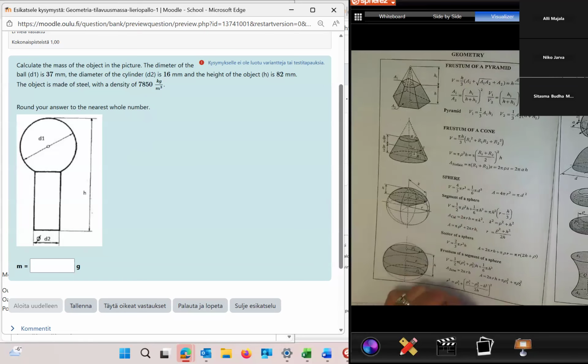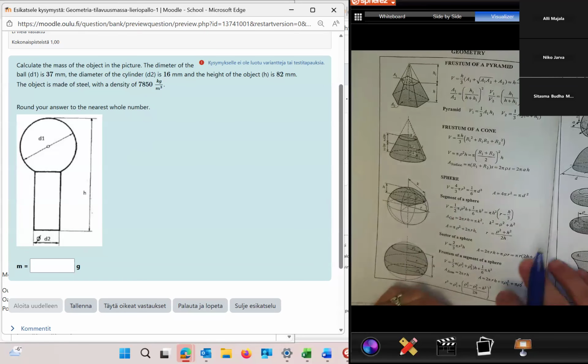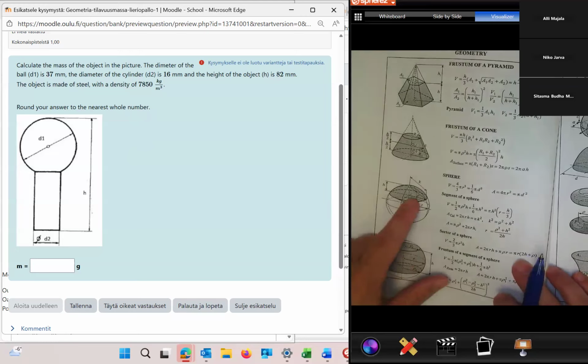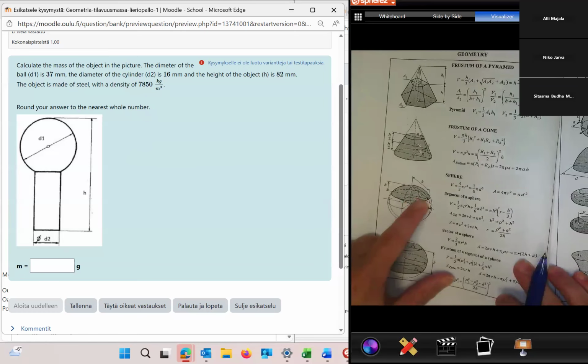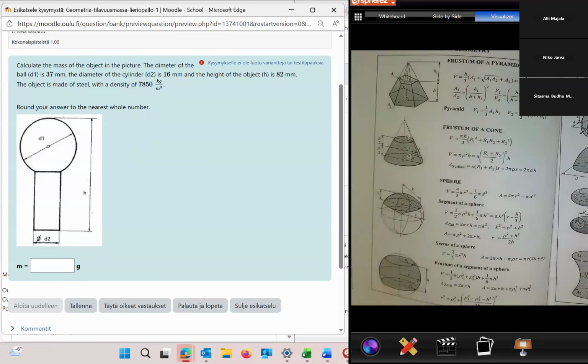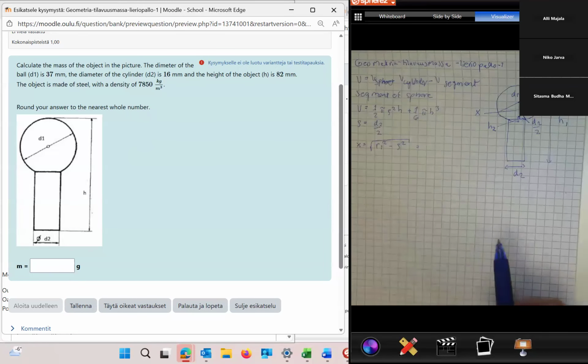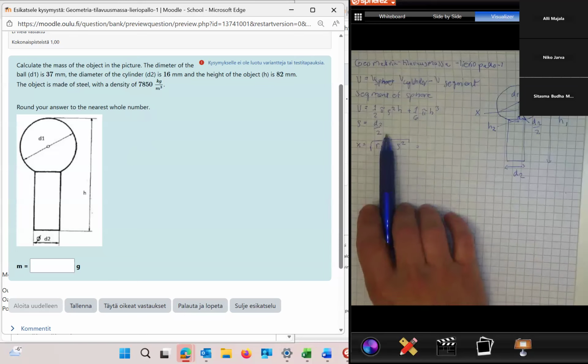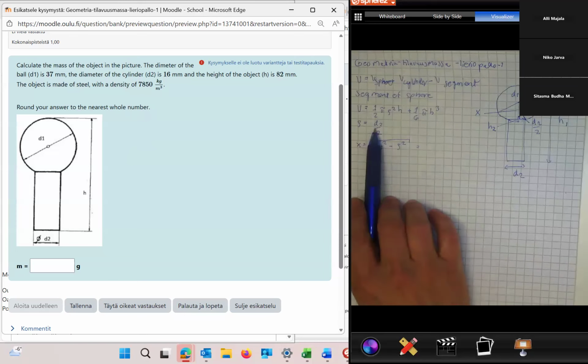It doesn't maybe make much difference. And then you have to somehow realize what it means. So this is, for example, marked with this kind of rho. And then I have checked what is the rho.